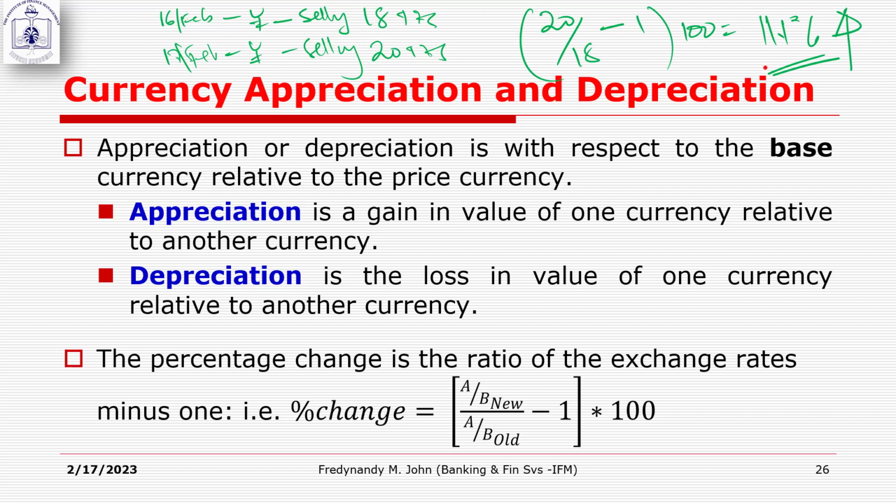Or in another way around, you can say the Tanzanian shilling has declined in its value by 11.1. Now, if you want to determine the amount by which the Tanzanian shilling has declined in value, you need to transpose this. On top you use the old exchange rate, and below here you use the new exchange rate.